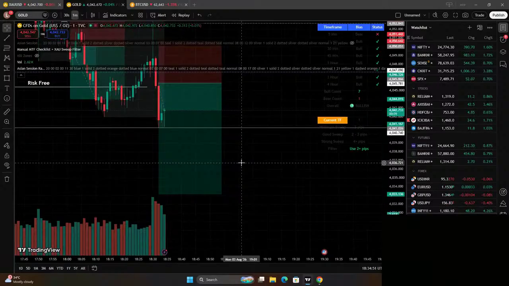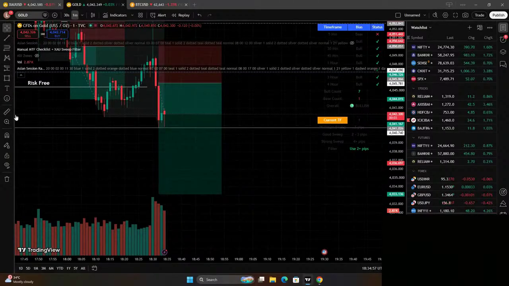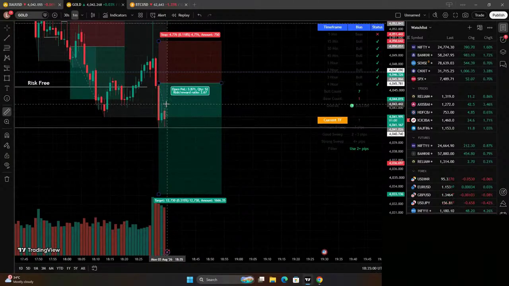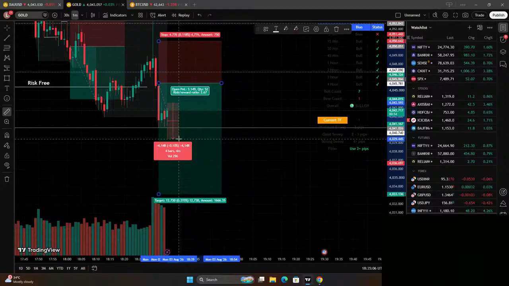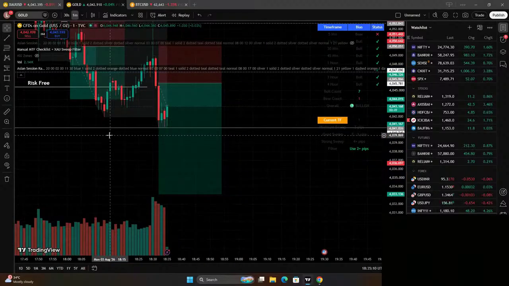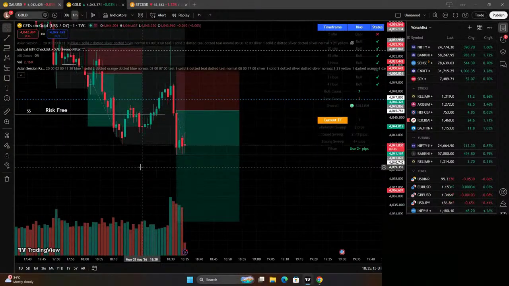Let's see what happens. Took a bit of a late entry, so let's just estimate our entry to here. So we can do 1 is to 1 from here to maybe here. Buying is strong, I guess. Again, we might have entered a little early or late. I don't know.